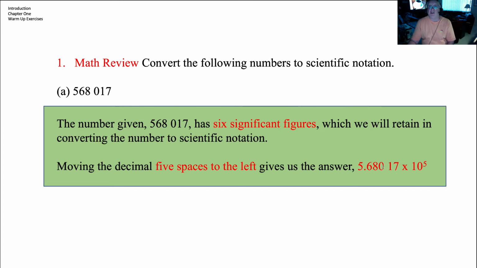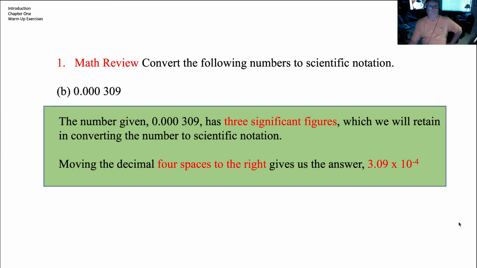Notice we don't put a 0 after it because there's no 0 in the original problem to identify it as a significant figure. You'll notice that 0 is considered to be significant. So 5.68017 times 10 to the 5th is our converted value in scientific notation.